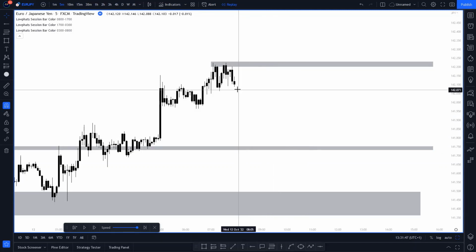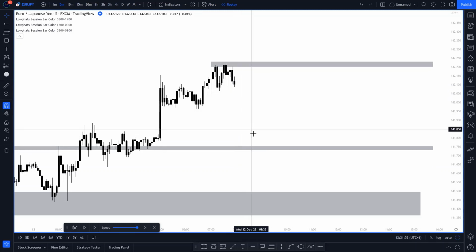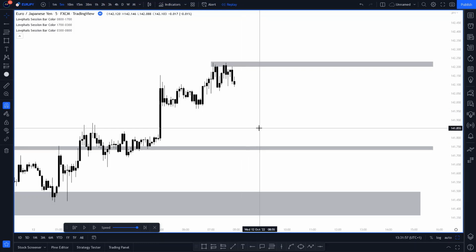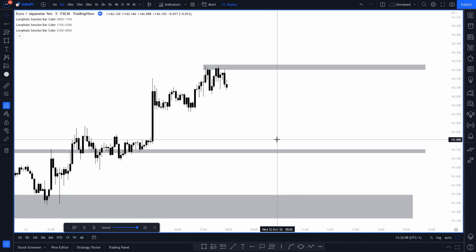So what we want to be doing is sitting on our hands whilst it pushes down, because remember, our bias is only buys. Whilst price pushes down, we're just watching people get in and lose whilst we wait for our zone to be hit. And then once our zone is hit, we can buy. In terms of what rejection we look for at these zones, all we're really looking for is a rejection on a 5 minute candle that taps into these zones.